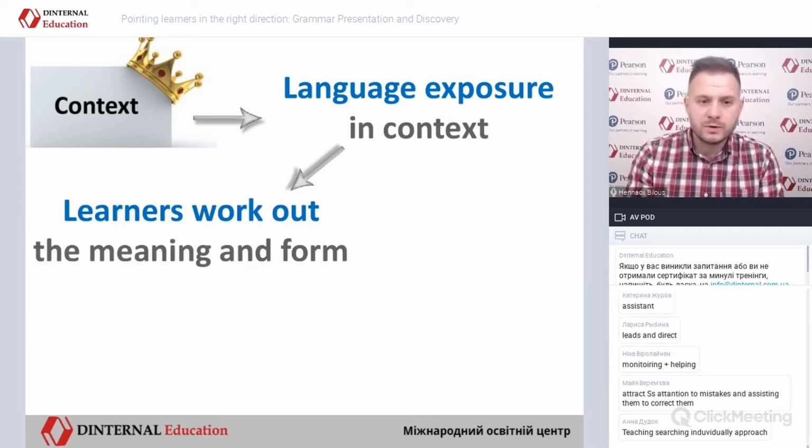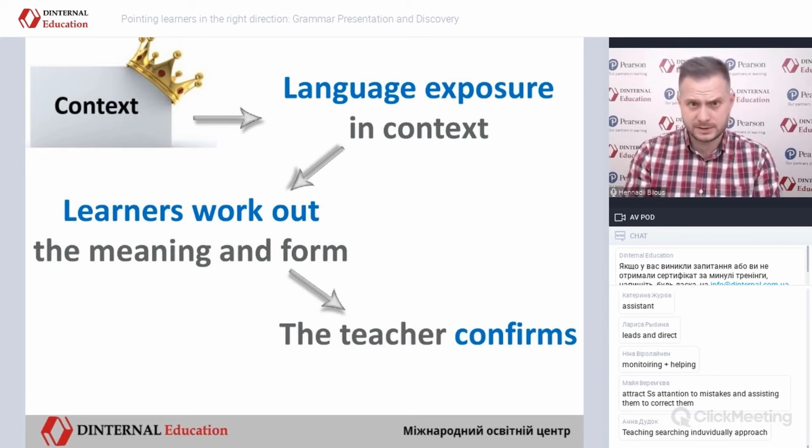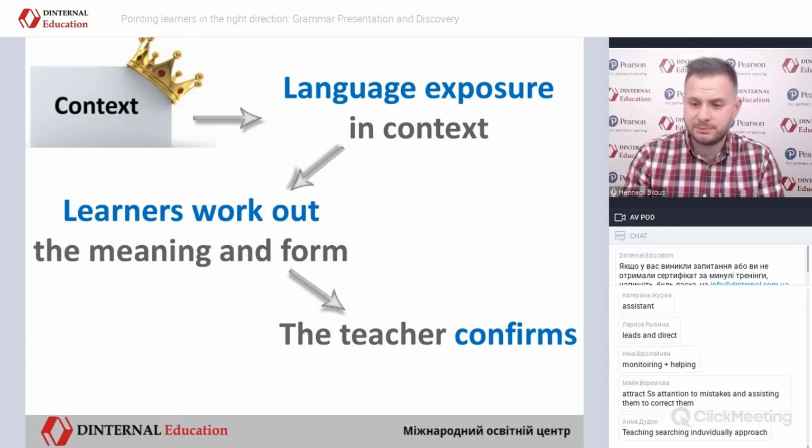Then the learners were working out the rules on their own, after listening to this audio a couple of times and being exposed implicitly to grammar. And obviously, the teacher is always there confirming and helping and monitoring.